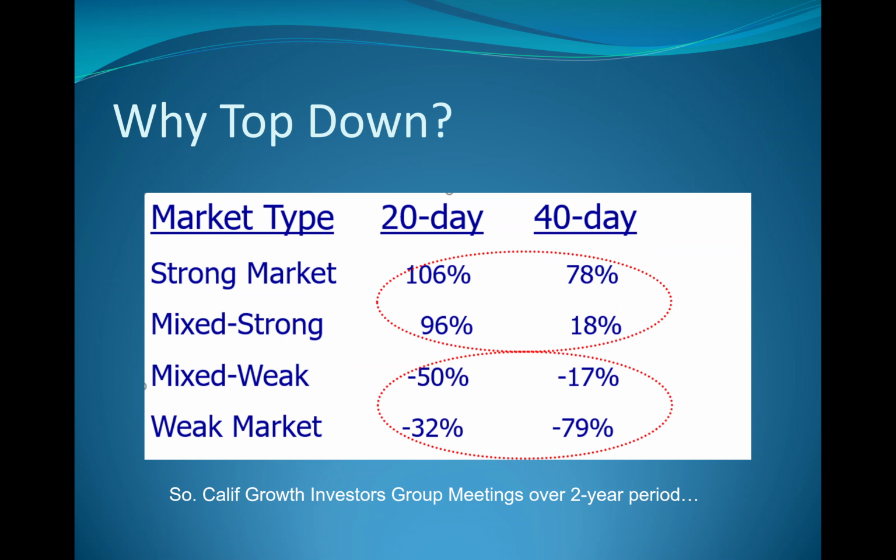Was it strong? Was it weak? And then was it in between strong, in between weak? And what they found is that when the markets were strong, their stock picks went up. They doubled in a month, 20 days trading up 106%. In a weak market, the same people picking stocks the same way sucked. And you could see that it was the market, not the pickers, that mattered.